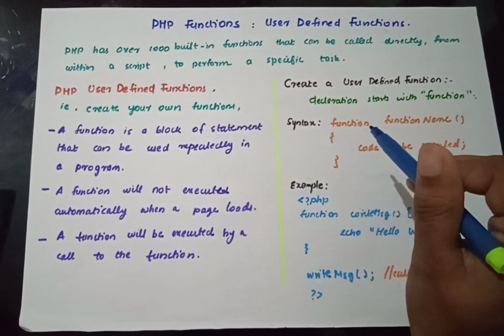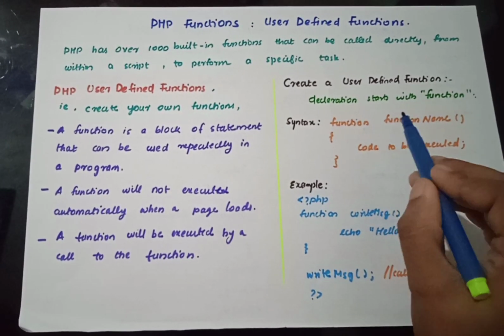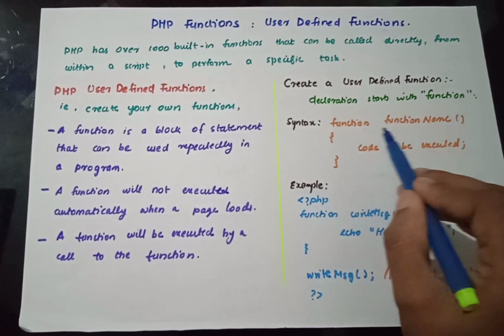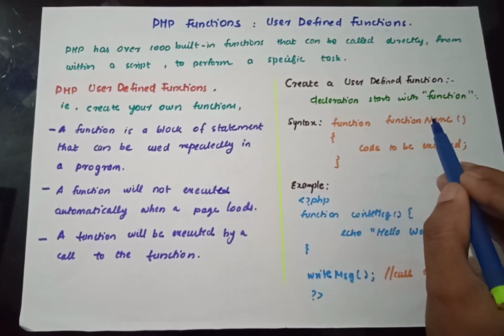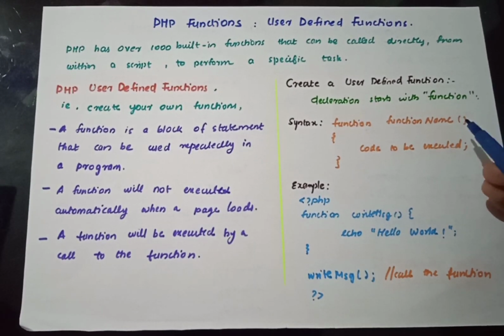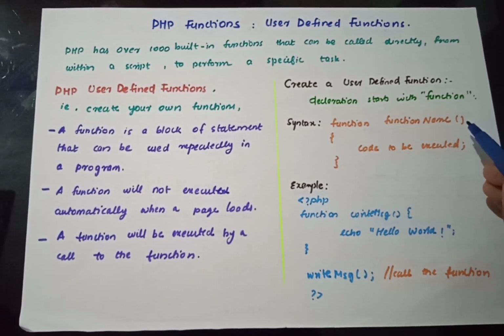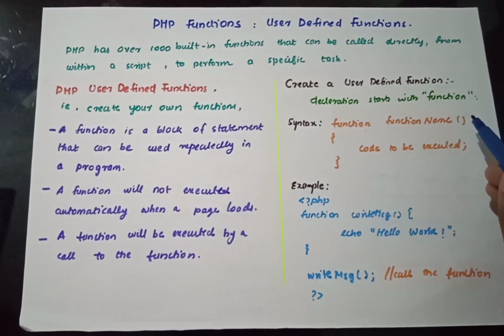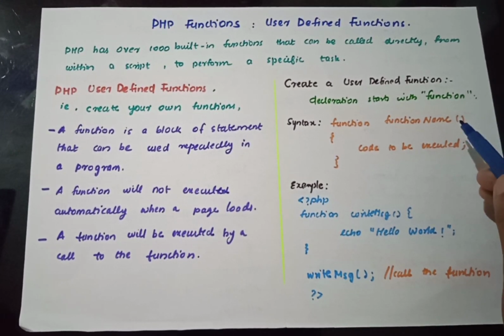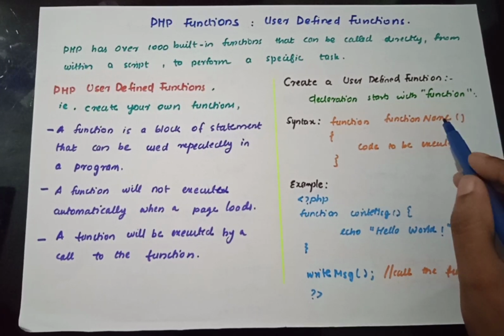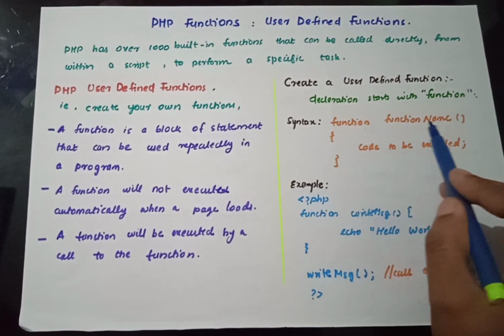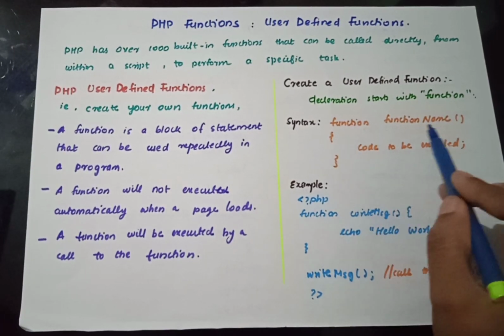Then you can write your function name. It can be anything, depending on the task you are going to do. Then come the parentheses, which are really very important. Why? Because if we have some inputs to this function, you can add them as arguments in them. Okay, so this is actually the first line for declaring a function.